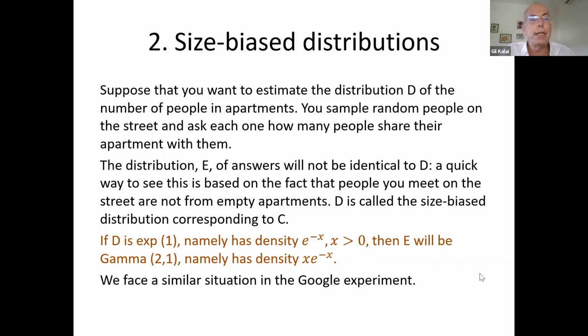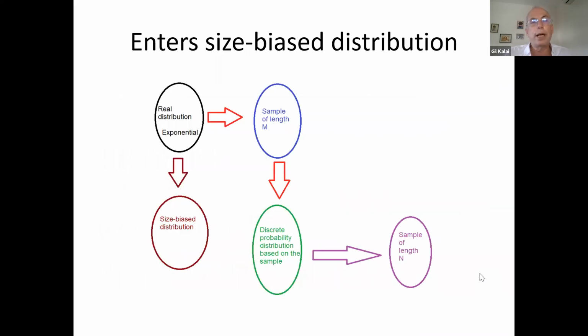So if the original distribution is exponential, namely has density e to the minus x for positive x, then the size bias distribution will be gamma 2, 1, namely it has density x times e to the minus x. And we face a similar situation in the Google experiment.